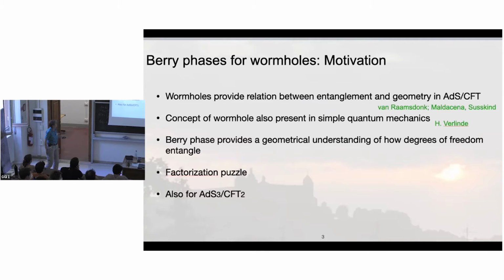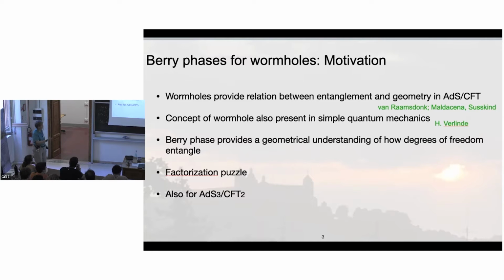Okay, let me start with the Berry phases for wormholes. As everybody at this workshop knows, wormholes provide a relation between entanglement and geometry in AdS/CFT. And so our starting point was this very nice paper by Herman Verlinde from last year, who showed that the concept of a wormhole in some particular sense relating to geometry and symplectic forms is also present in very simple mechanical models.